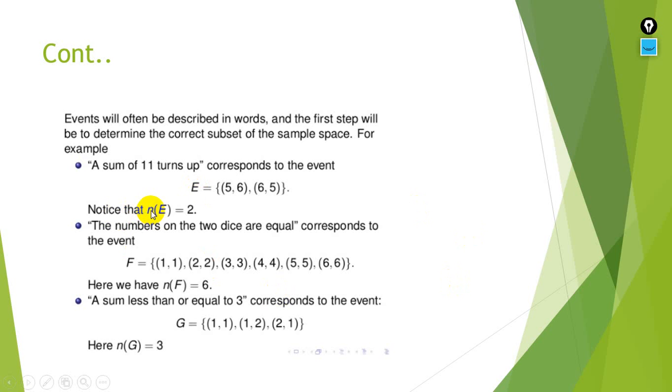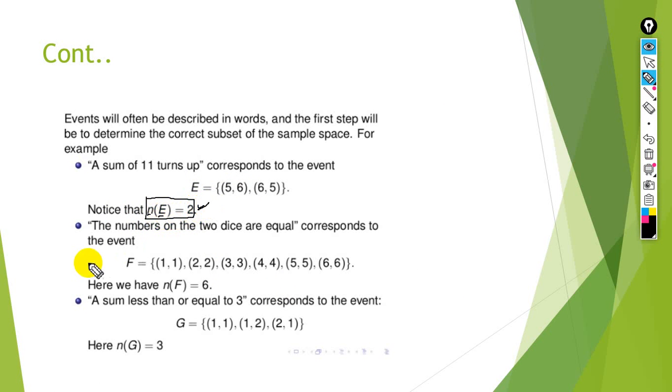Notice that the number of events is equal to 2. We can represent the number of events by N(E) equal to 2, where N means number and E means event.